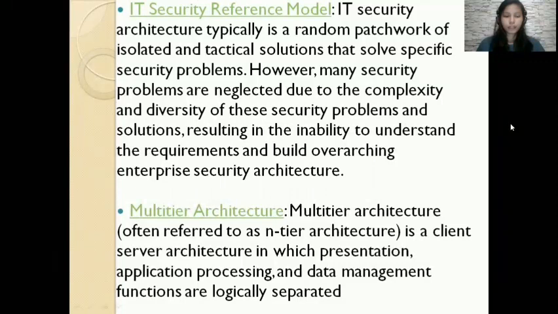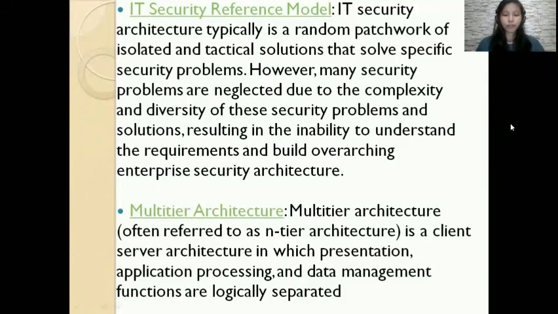IT security architecture typically is a random patchwork of isolated and tactical solutions that solve specific security problems. However, many security problems are neglected due to the complexity and diversity of the security problems and solutions, resulting in the inability to understand the requirements and build an overarching enterprise security architecture.